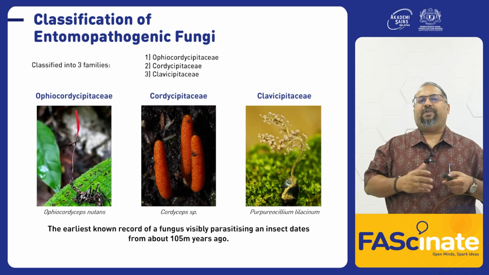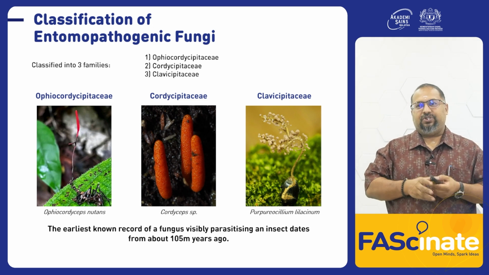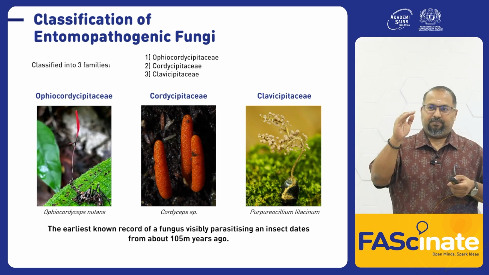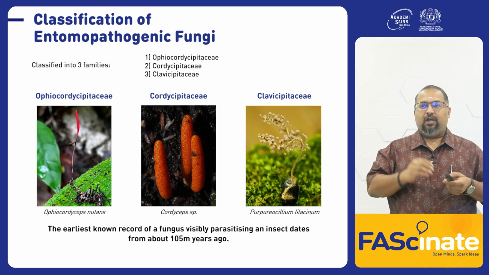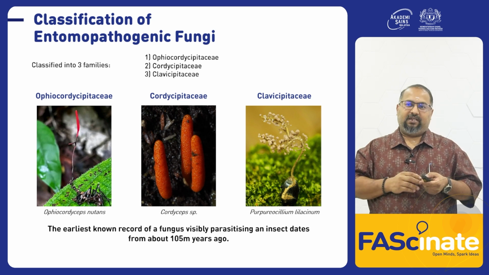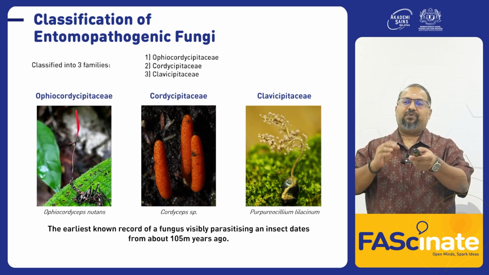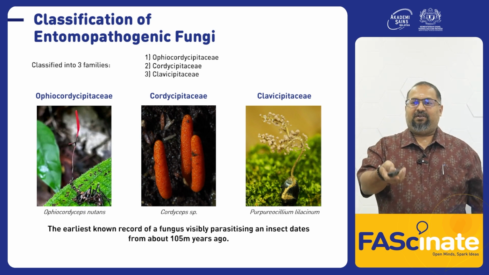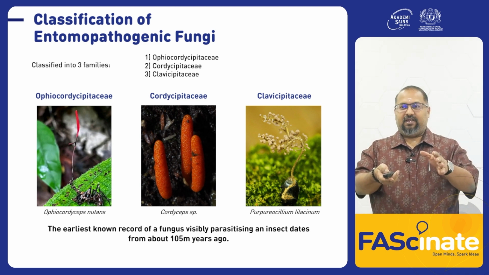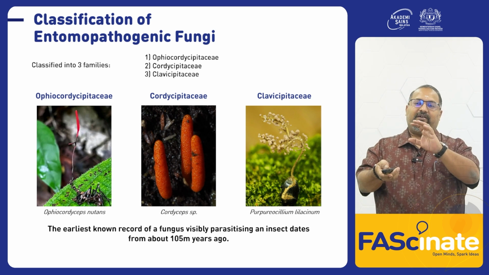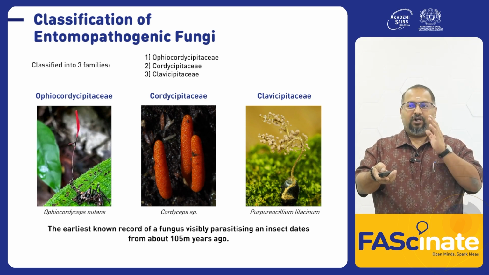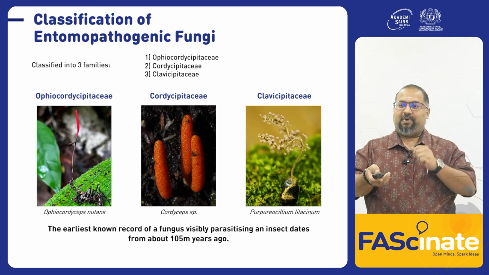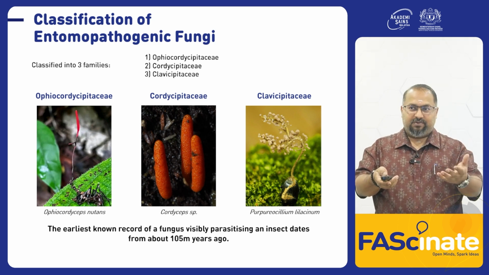The recent classification of entomopathogenic fungi divides them into three major families, which I focus on here, especially Ophiocordycipitaceae, Cordycipitaceae, and Clavicipitaceae. As you can see from the different structures, like a beautiful flower here, the red one we call Ophiocordyceps, and the one that looks like a carrot we call Cordyceps. Cordycipitaceae is actually the ancient name, covering Cordyceps species like Cordyceps sinensis or Cordyceps militaris.